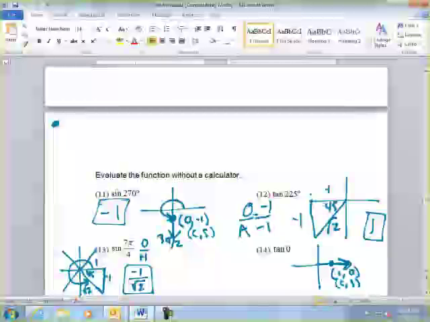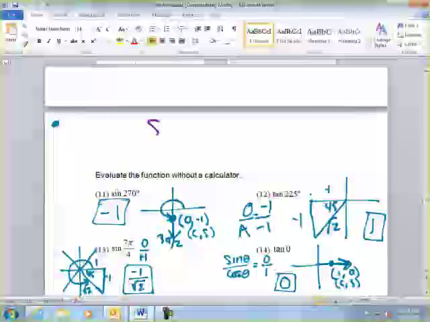What is tangent equal to? Sine over cosine. So sine is 0, cosine is 1, which gives us 0. What about zeros on the bottom? Undefined. Now look at one more of this type of question together.